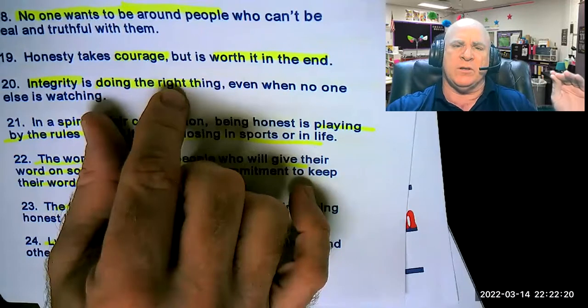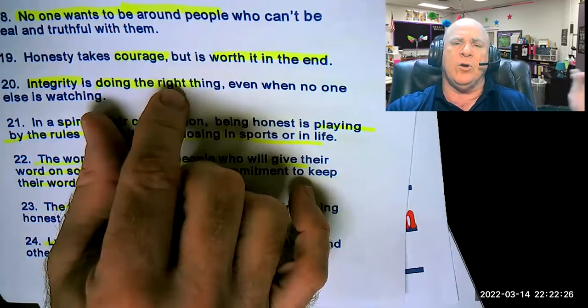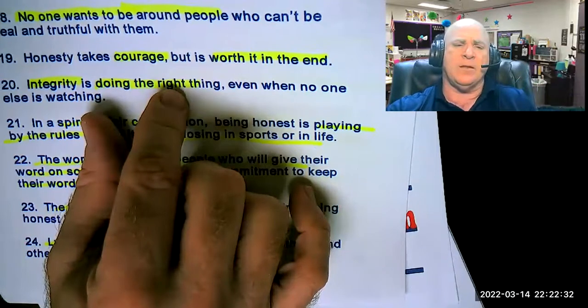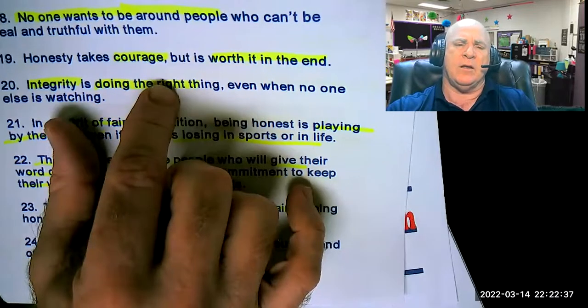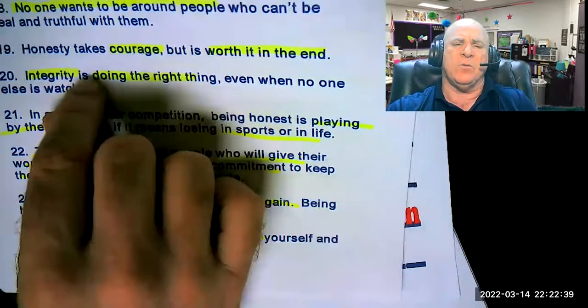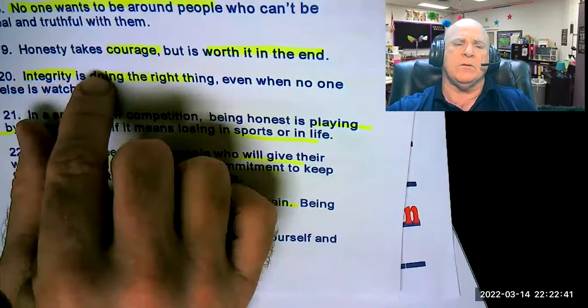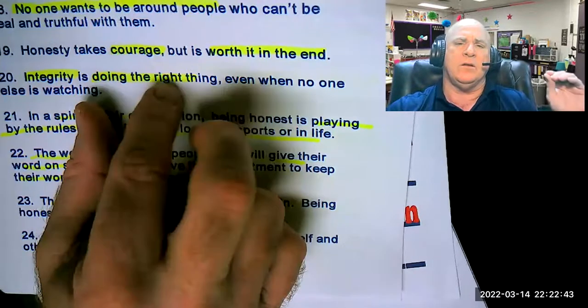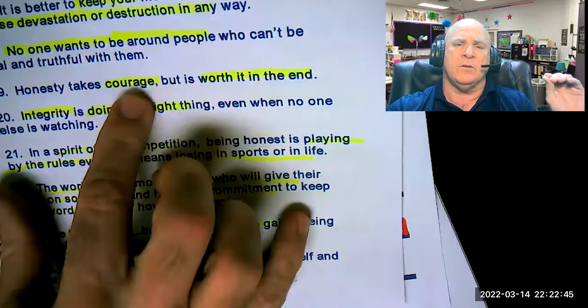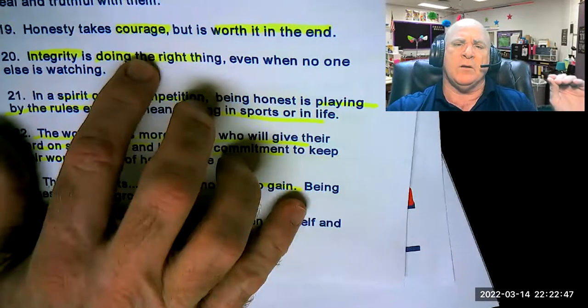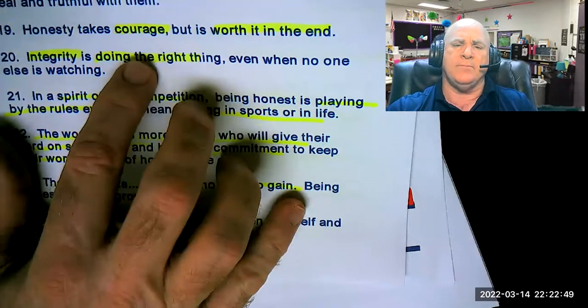The real person that we are is the person that no one sees, the one that we know that we can get away with when we're all by ourselves in a place where no one knows us. But integrity does what's right, even when the only person seeing you is the mirror or God.